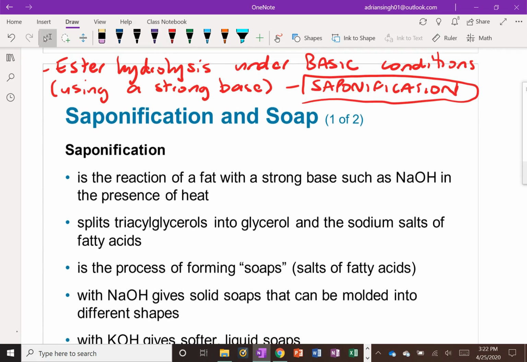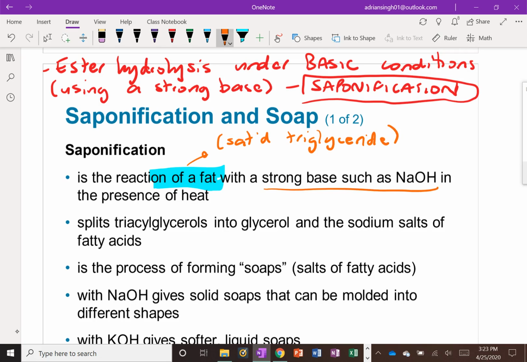So saponification is the reaction of a fat, which again is just an example of a triglyceride, with a strong base like sodium hydroxide, or sometimes you'll see potassium hydroxide being used, in the presence of heat. And it's going to hydrolyze or split the triglyceride.